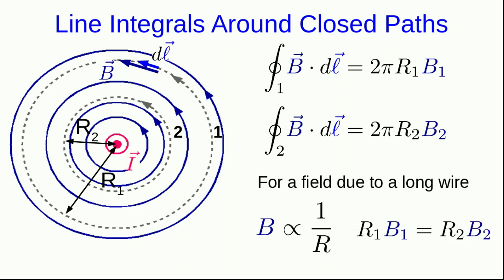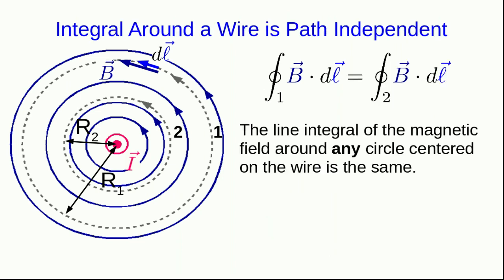And so in particular, that tells us that R1B1 has to be the same as R2B2, which tells us that the integrals around paths 1 and 2 are the same. And in fact, the line integral of the magnetic field around any circle centered on the wire must be the same. Well, what about paths that aren't circles?